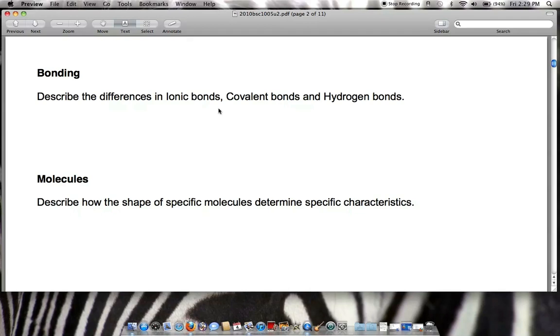And then of course when we have two atoms bonded together, if they're different atoms, we can say that we have a compound or a molecule. If we have two atoms bonded together and they're the same type of atom, then we just call that an element or a pure substance, depending on how many of those atoms you have.